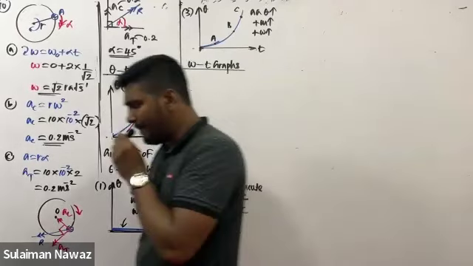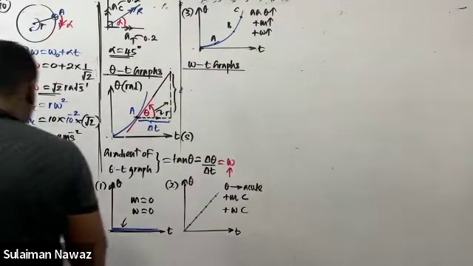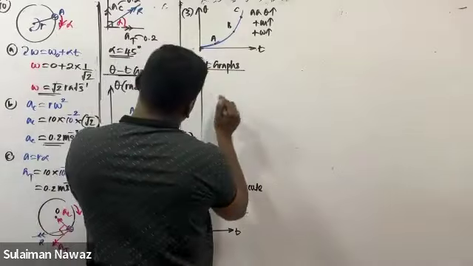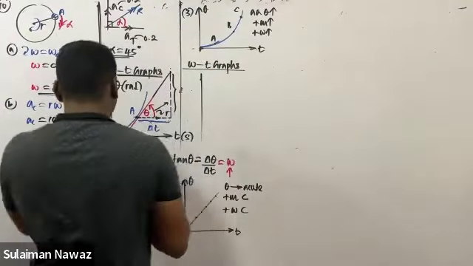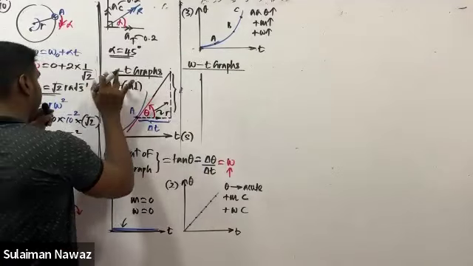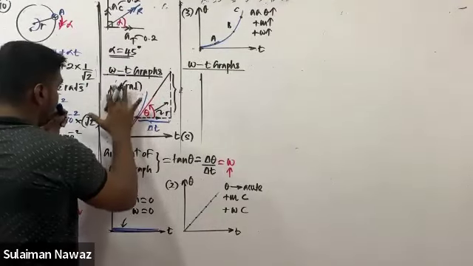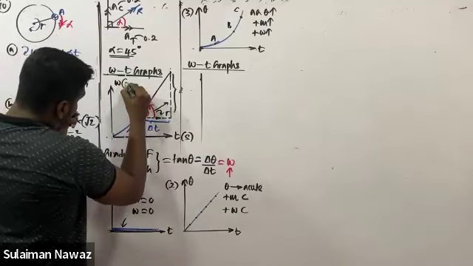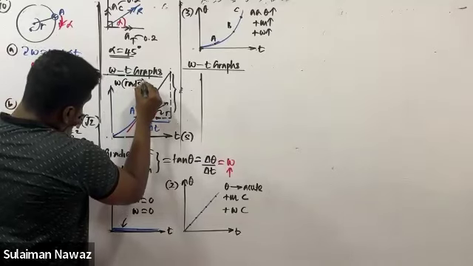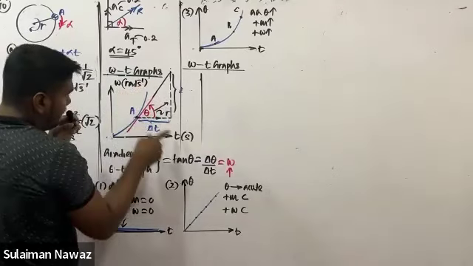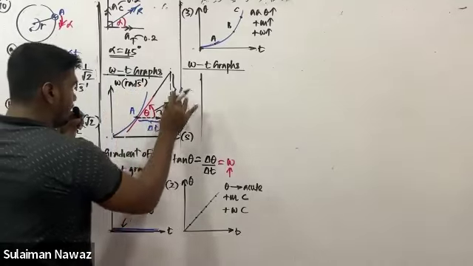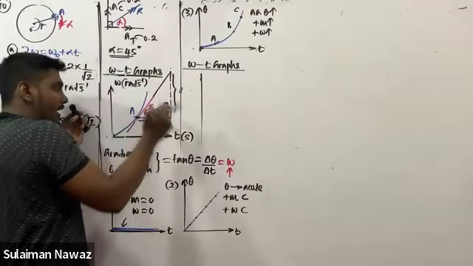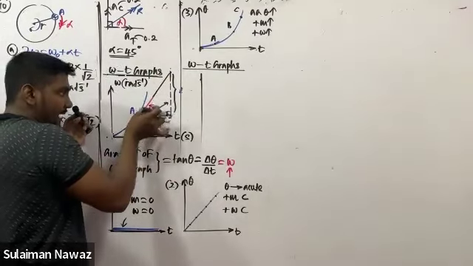So if you consider the omega-t graph, I draw this graph, omega-t. The y-axis is angular velocity. What is the unit to measure angular velocity? Rad per second. If you want to find the gradient at a point in the omega-t graph, gradient means tan theta.